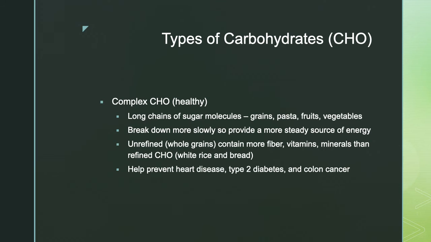And because they're long chains of sugar molecules, they break down more slowly. So you don't get that big rush of energy like you do with a simple sugar and then a big loss of energy. This way, these long chains are broken down slowly, so they provide a steady source of energy.